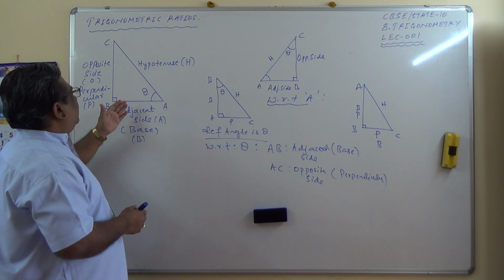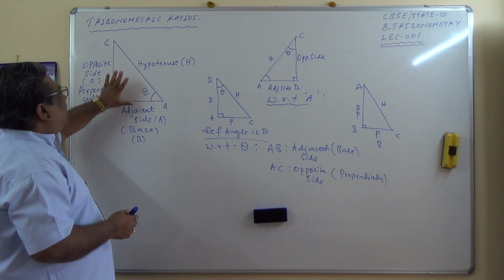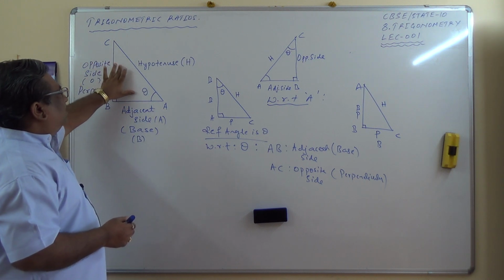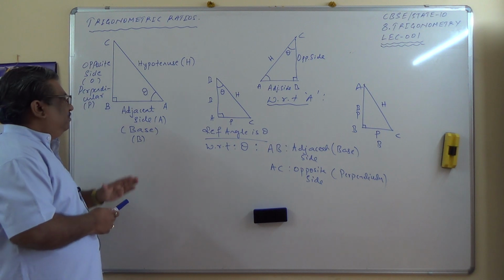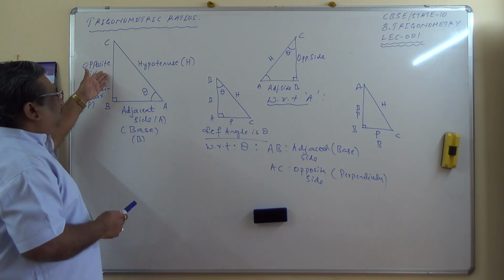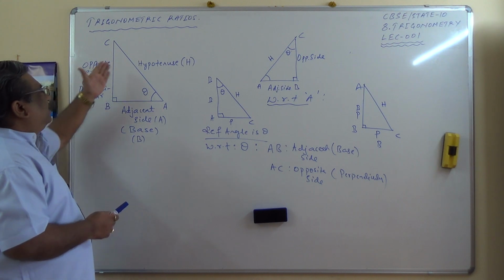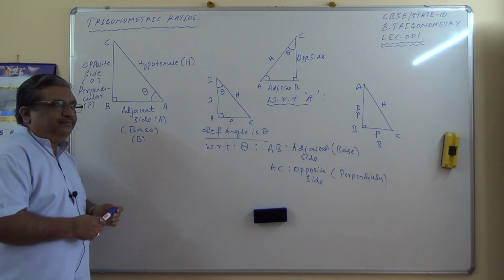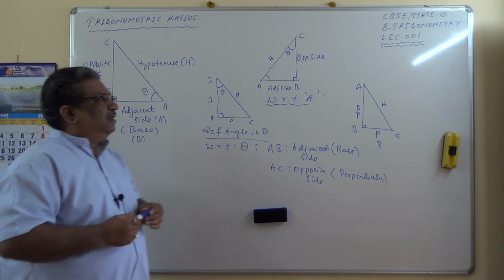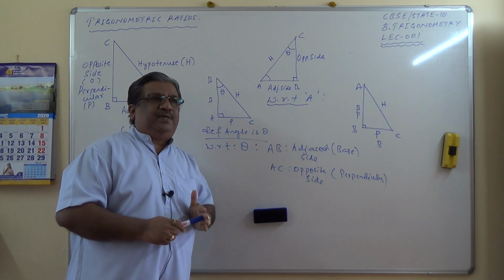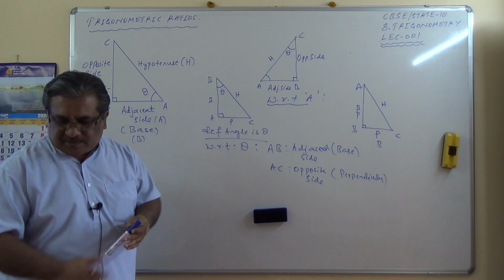I hope you are able to understand the terminologies of this right triangle with respect to adjacent side, opposite side, hypotenuse, or base, perpendicular and hypotenuse. Clear? If this is clear, let me proceed with trigonometric ratios.